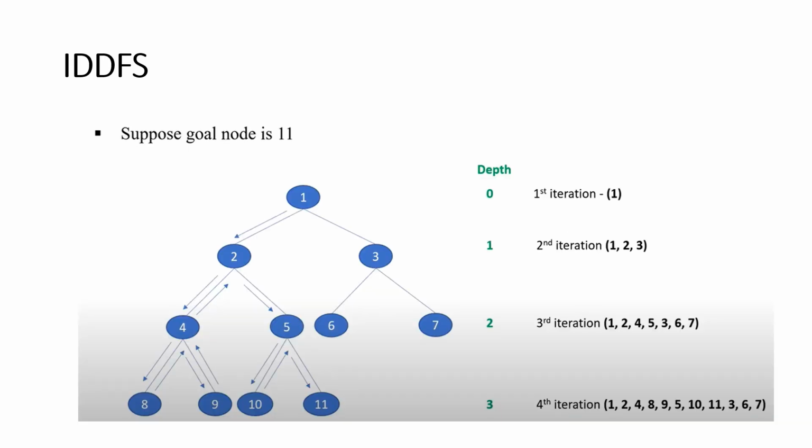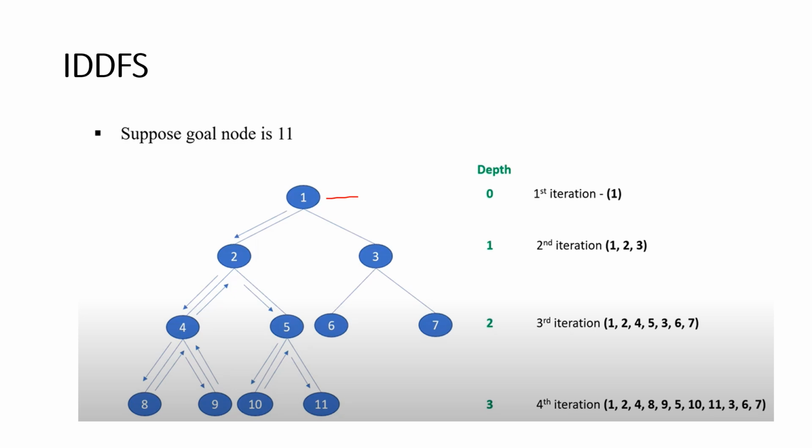In this example, we are starting from the first node, which is the root node, and 11 is the goal node. At each level we will increase the depth limit. Initially we set the depth limit to 0, and there we have only one node, that is 1.